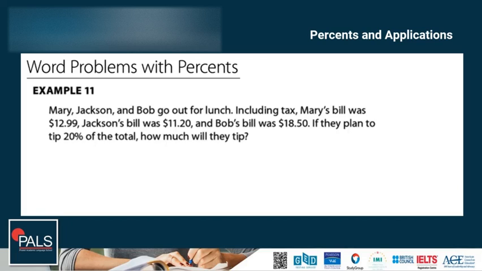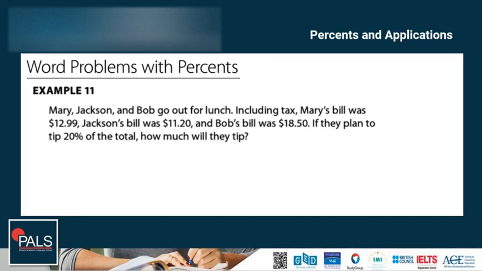The problems may require you to determine the total cost of an item after tax, calculate the commission a salesperson will earn, or determine a percent increase over time. The examples that I will be showing you will be the same types of percent application problems that you can expect on the test.